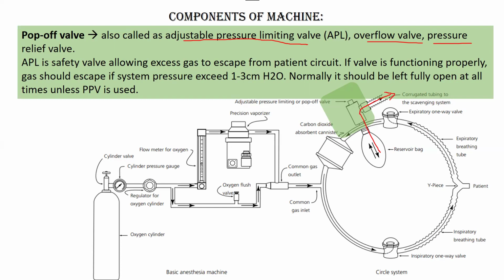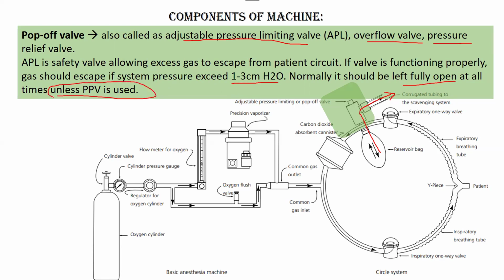If the valve is functioning properly, gas should escape if system pressure exceeds 1 to 3 cm of water. So if the pressure of the gas in the system increases beyond this 1 to 3, the gas should start to escape. Normally it is left fully open during the surgery unless PPV is used.